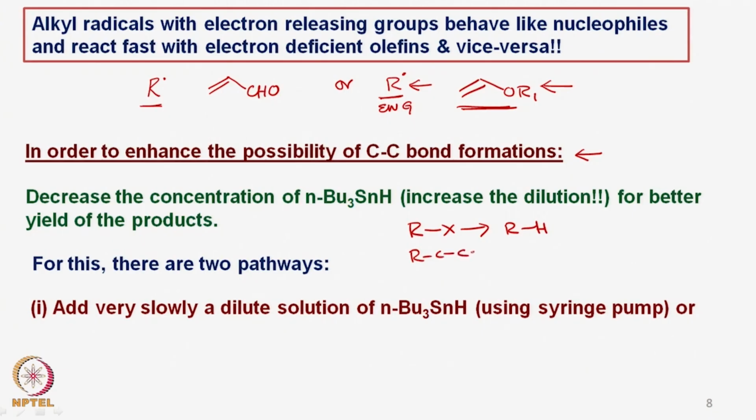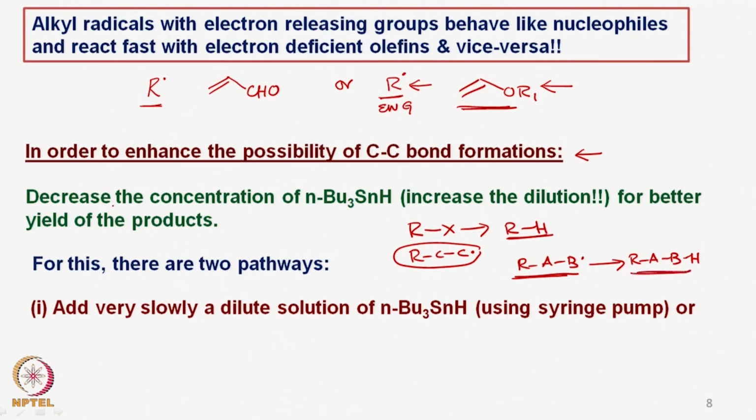So we need to have this particular bond formed, or as we wrote earlier, you have A and B here. Basically we want to stop the reaction after this radical is formed, which is then quenched with the tributyltinhydride to form this. So the competition is between this and this formation.